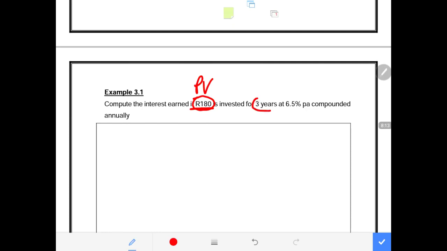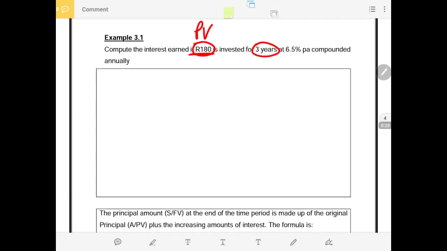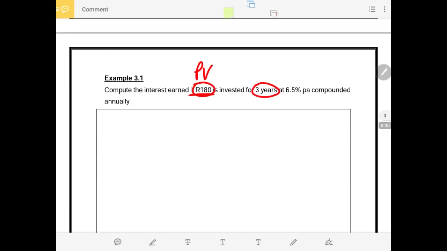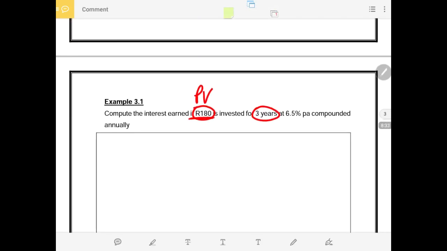And we know that 3 is the number of years, which is our N, being the period that this investment has been invested. Then this amount is invested at 6.5% per annum, compounded annually. That means it is compounded once a year, which indicates that it is only once a year that we earn interest.